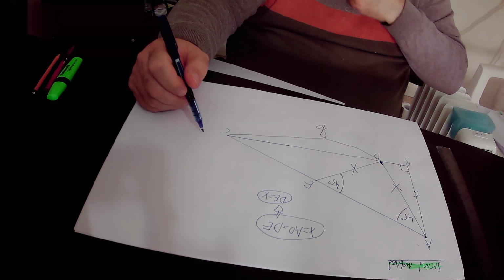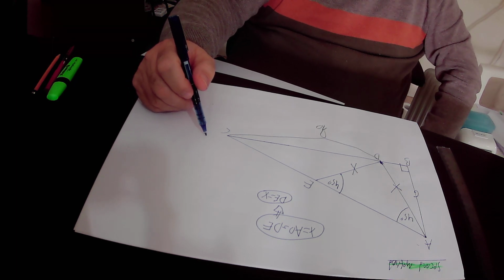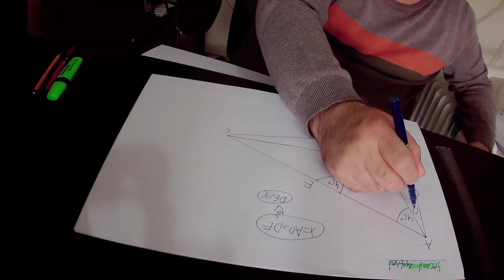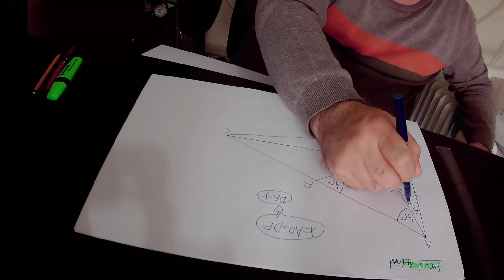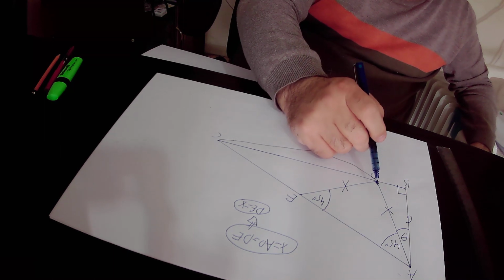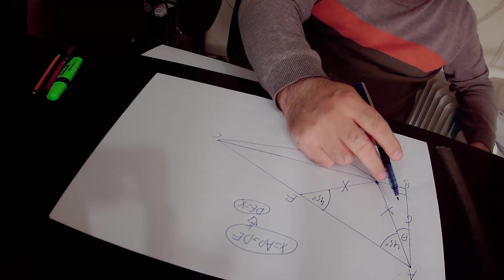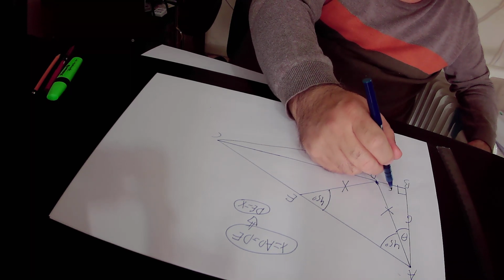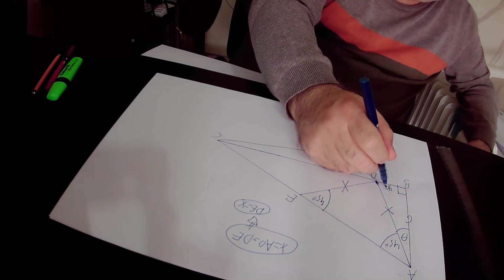In the next step, we will define angle BAD as theta. If angle BAD in the right triangle BAD is equal to theta, then this angle must be equal to 90 degrees minus theta, of course.